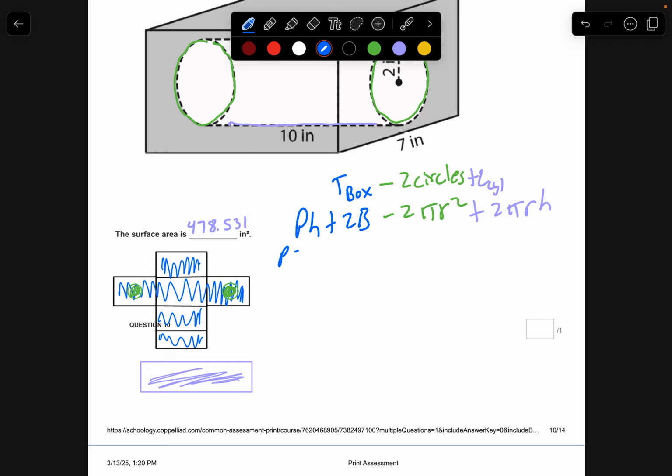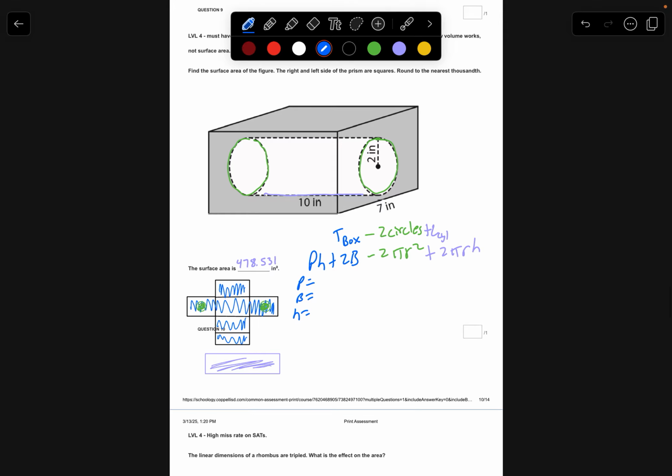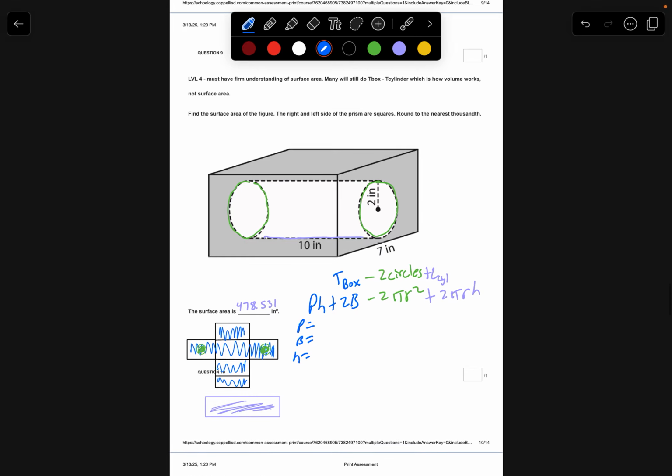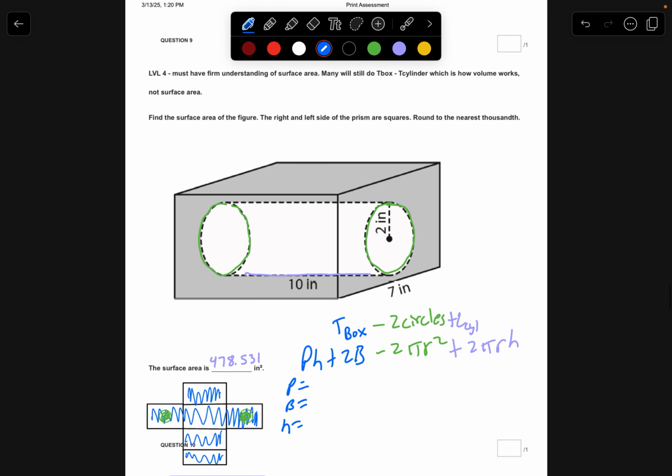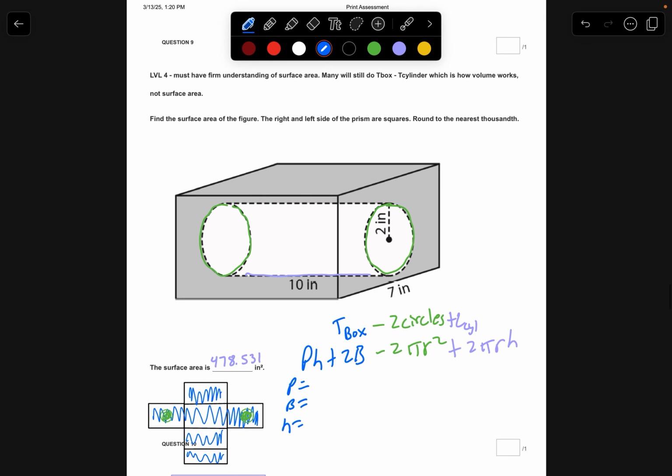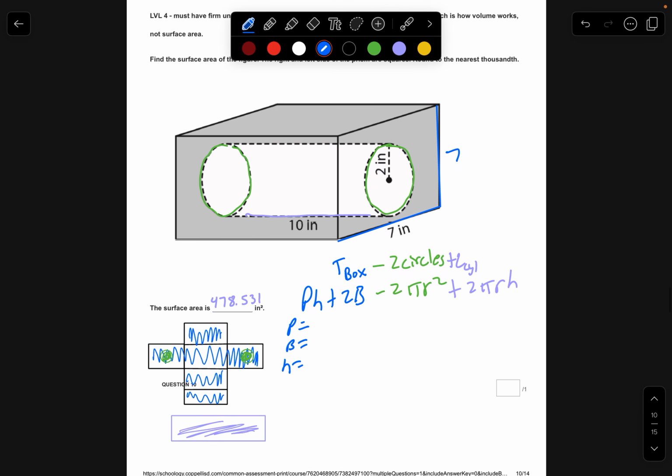So for the box P, B, and H, you can pick whatever base you want. Let's see here. It says find the volume. The right and left side of the prism are squares. Okay, I was about to say we don't have information. Well, this is 7 and this is 7. If the right and left side are squares, those are both 7. And you can pick whatever you want to be the base. The general consensus is you pick the bottom to be the base.